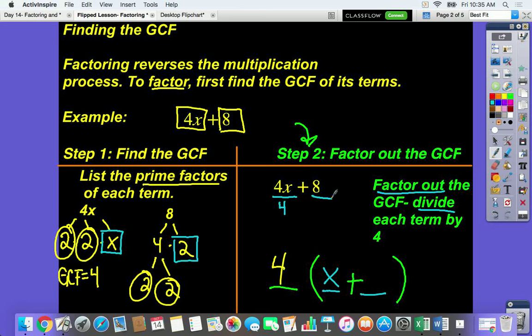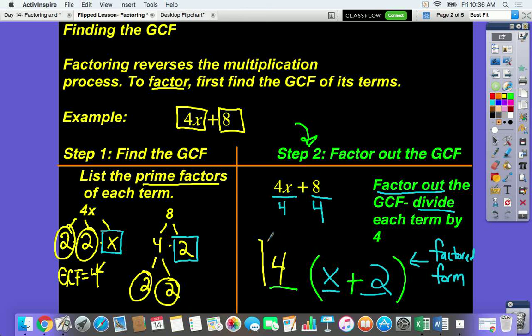And 8 divided by 4 is 2. And this here now is my factored form of the expression 4x plus 8. You may notice back from the left side of the screen, our GCF was identified as 4.